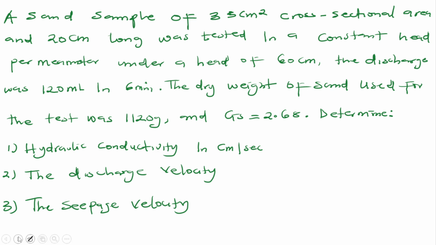Okay, how do we do this? Let's first of all say solution. First of all, we want to look for our hydraulic conductivity, which is K equals discharge over area times hydraulic gradient times time.